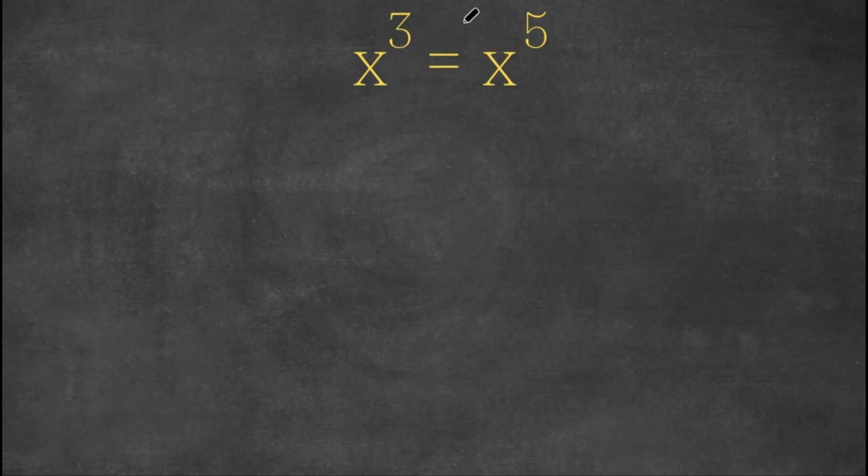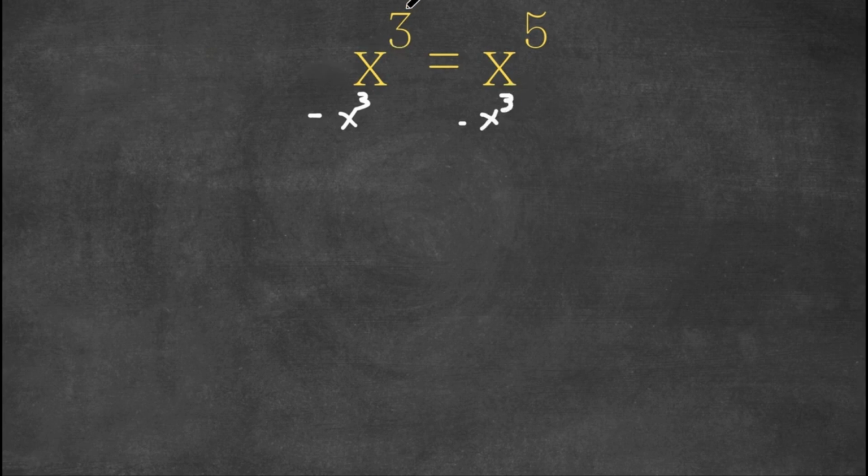x to the power of 3 equals x to the power of 5. So what we're first going to do is we're going to subtract x to the power of 3 on both sides.